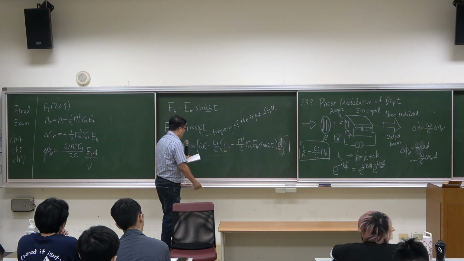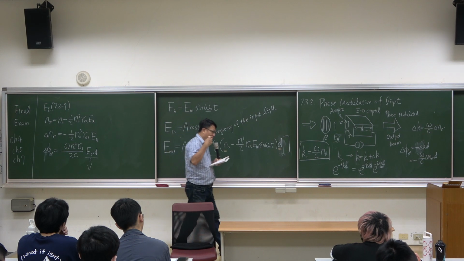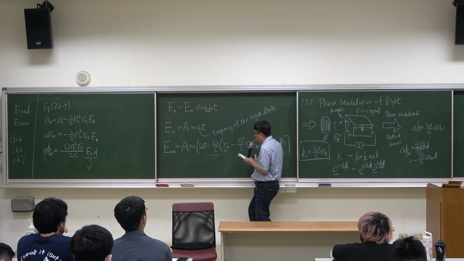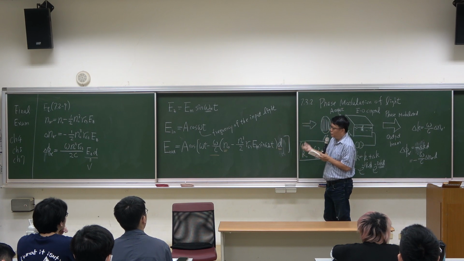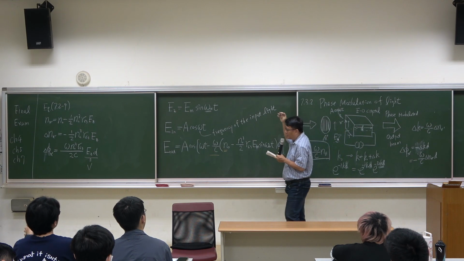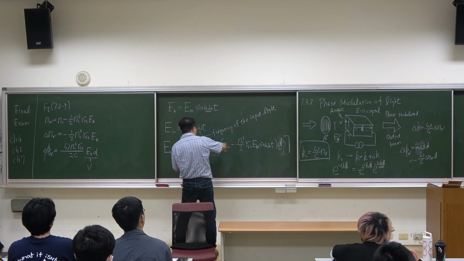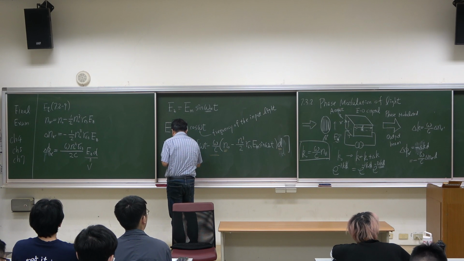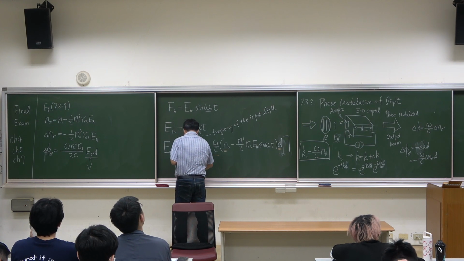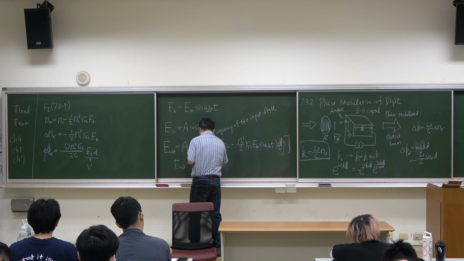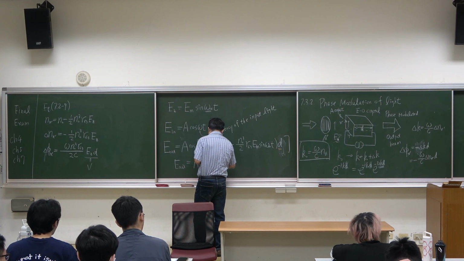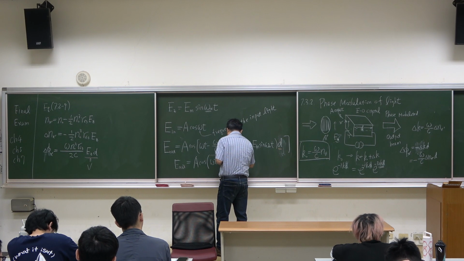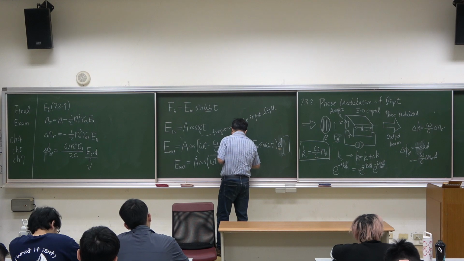So if our interest is not the space phase, if we are interested in the phase in time, we can ignore this part and write E out as A cosine omega T plus delta sine omega MT.